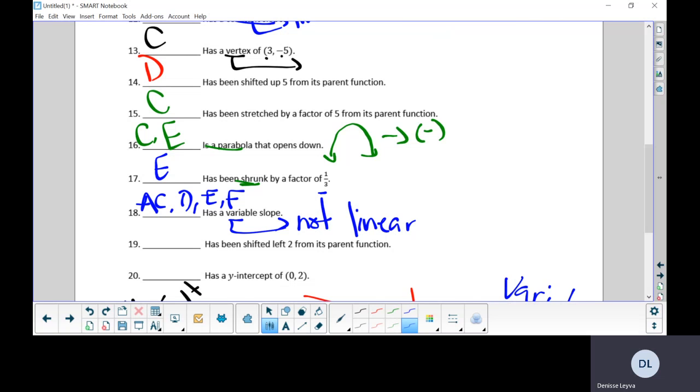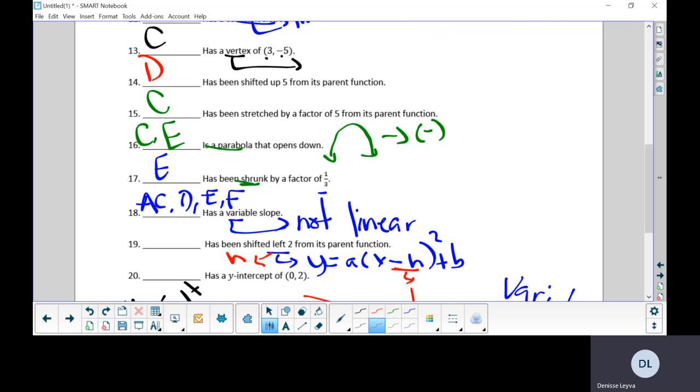We move on to question 19, which one has a left 2 at its parent function? Now, for the majority of them, when we talk about left 2, we usually talk about just the quadratic functions. So remember, if it's left 2, when we look at the vertex form, which is y equals a(x minus h) squared plus b, this left 2 is the h right here.